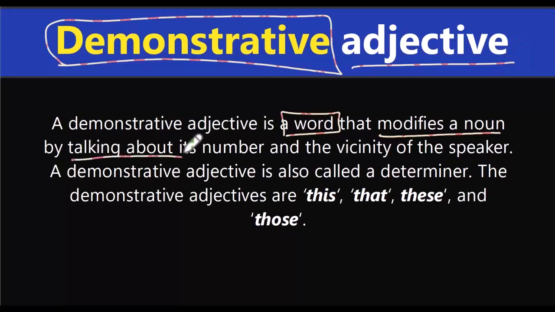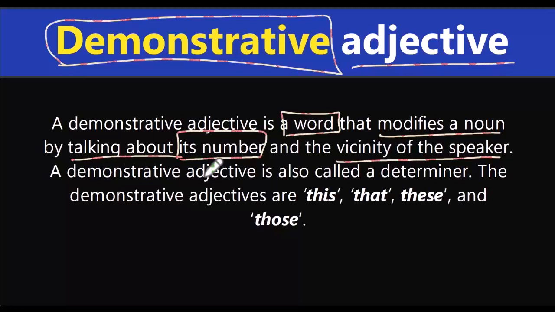By talking about its number, how many are the noun, and the vicinity of the speaker, meaning how close the noun is from the speaker. It talks about the number of the noun that it modifies and how close it is from the speaker in terms of the spatial relation, or the time relation.